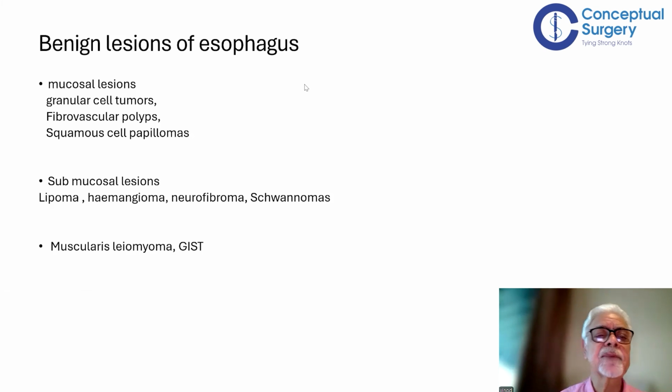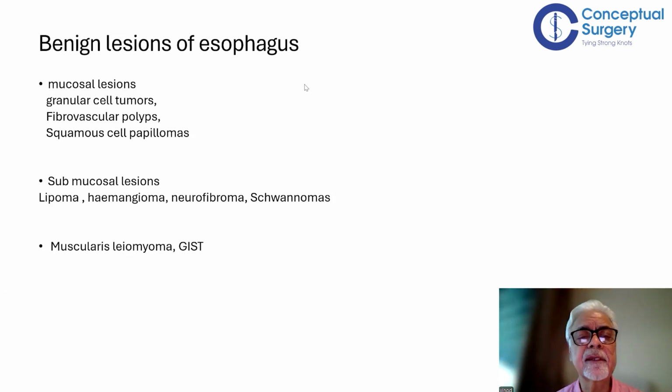Squamous cell papillomas are also present, and these are flat lesions which may have some degree of commonality with the HPV virus. And these lesions again are flat, generally do not cause symptoms, and would be picked up on endoscopy.